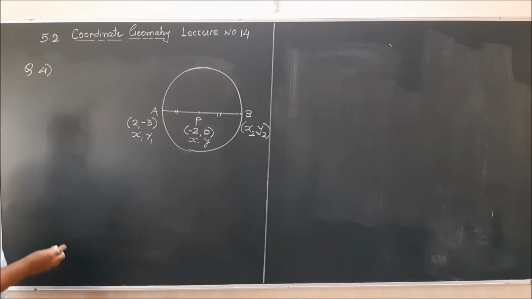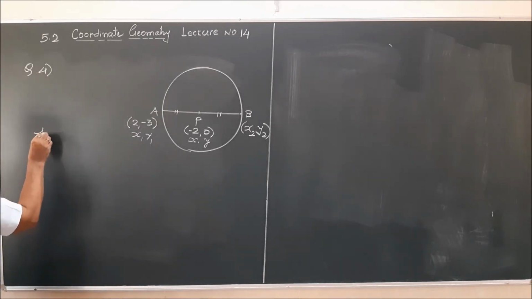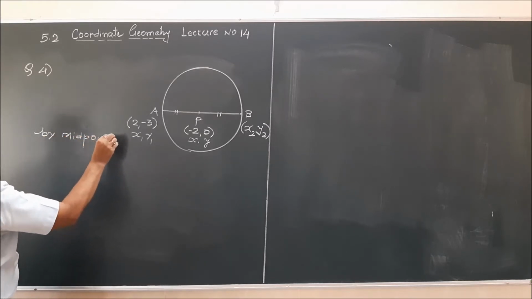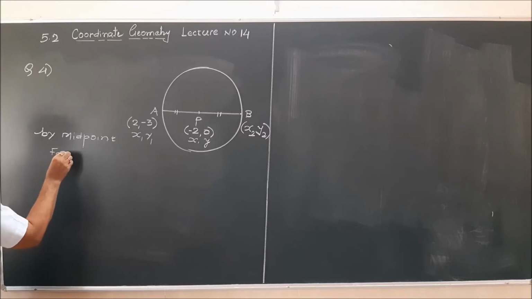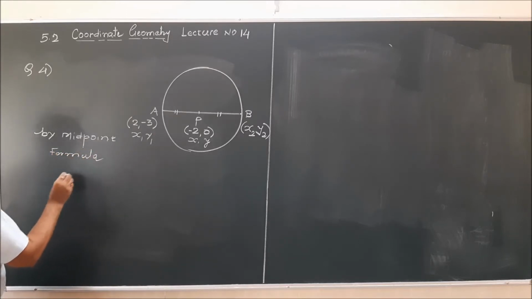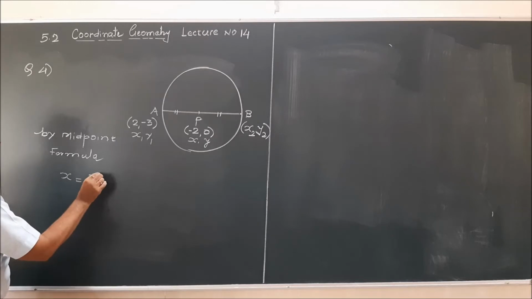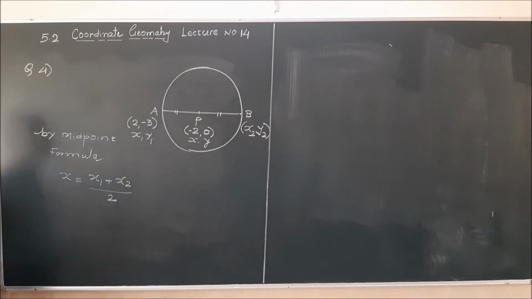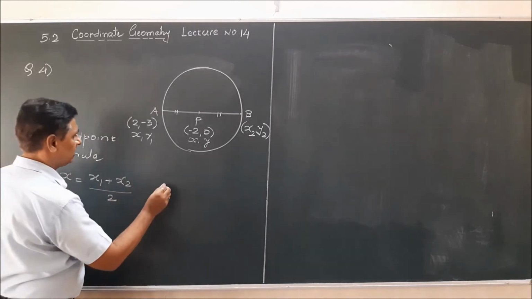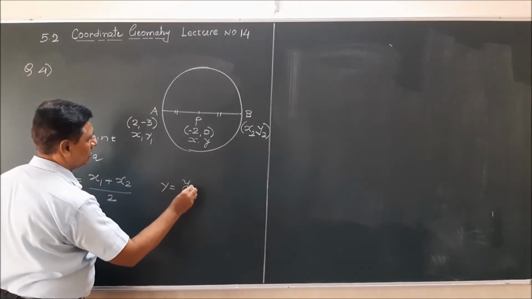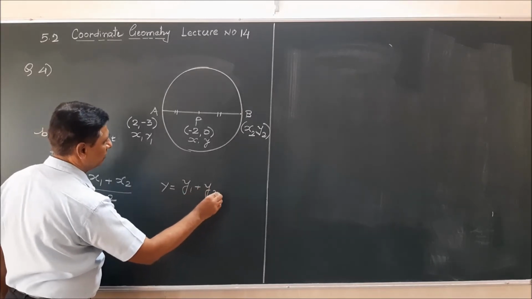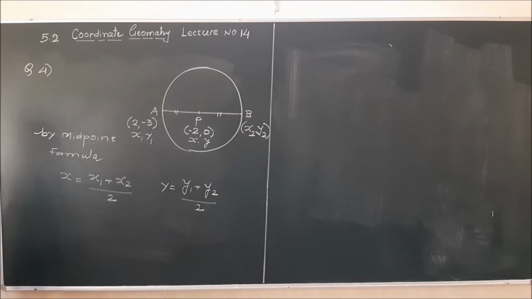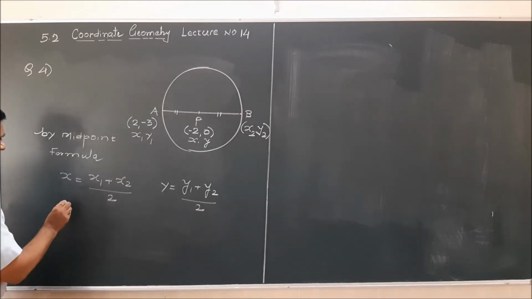So let's see here. x is equal to, by midpoint formula, x1 plus x2 upon 2. This is midpoint formula. y is equal to y1 plus y2 upon 2.